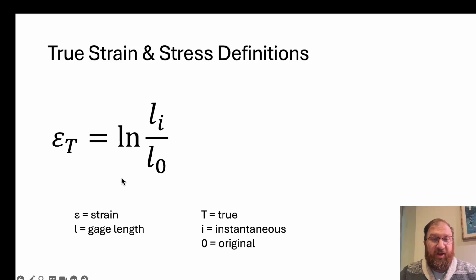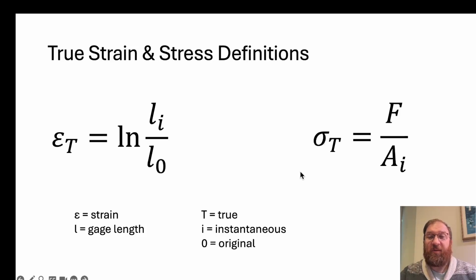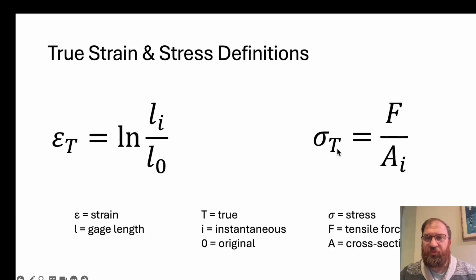So if we go through this equation for strain, again, we have true strain. Epsilon is always strain, T true. So true strain is the natural log of the instantaneous length over the original length. And both of these are going to be from the gauge, so the reduced section of the tensile sample. Now if we move over to stress, we have the same expression. Stress is sigma. We have a subscript T for true, so true stress.